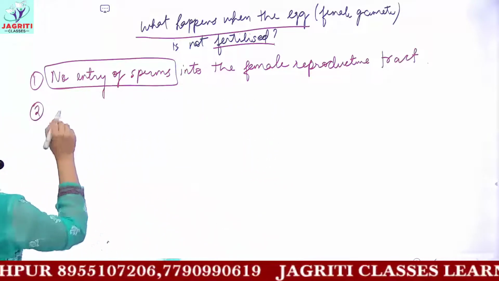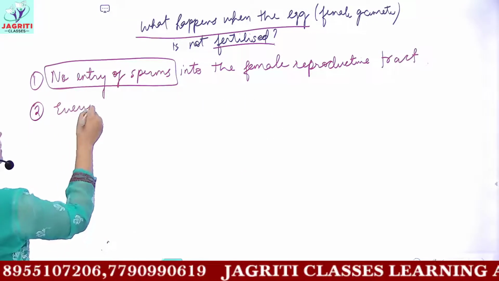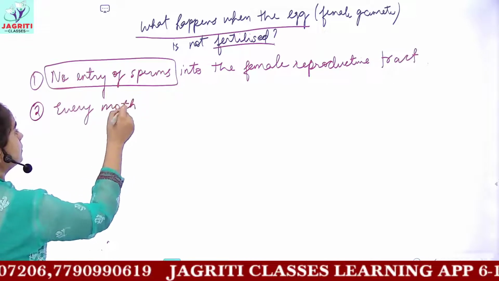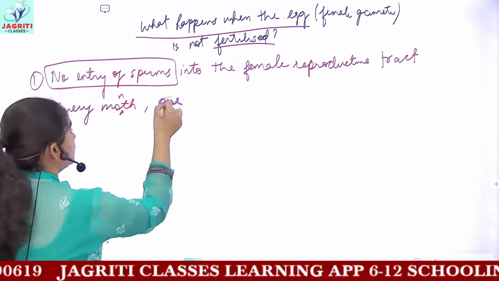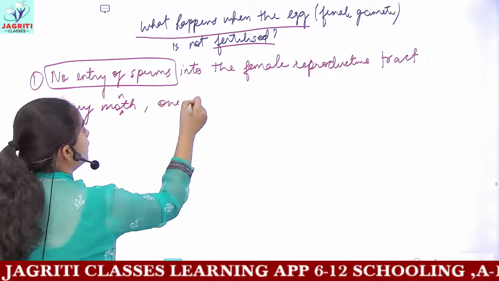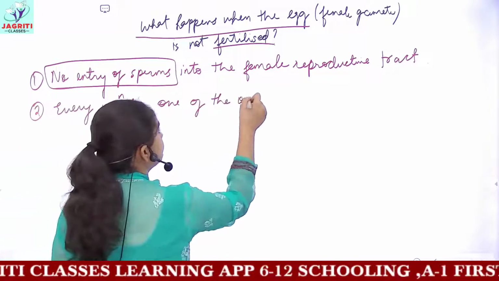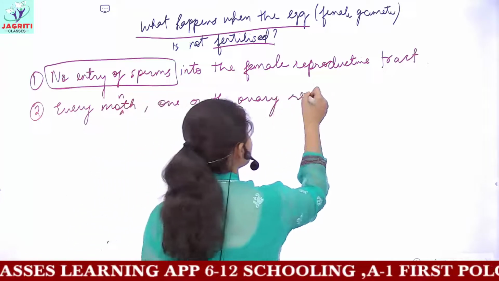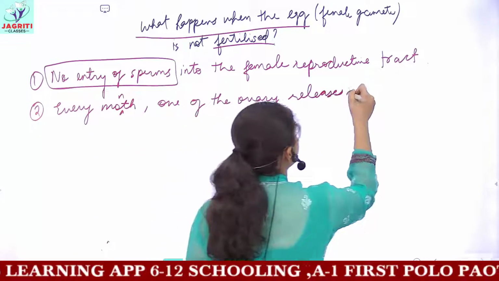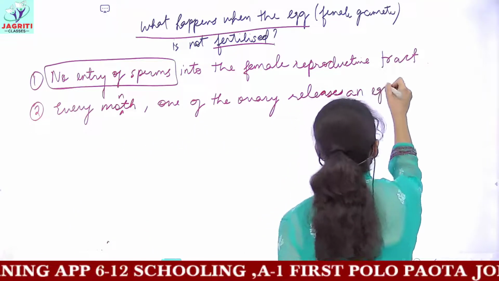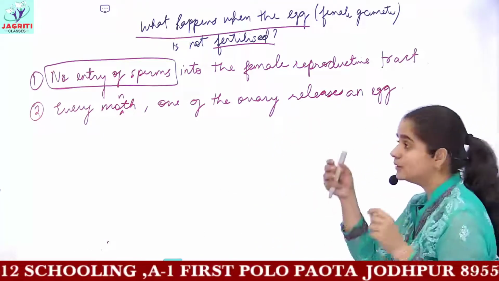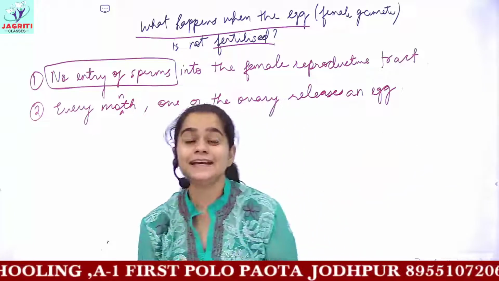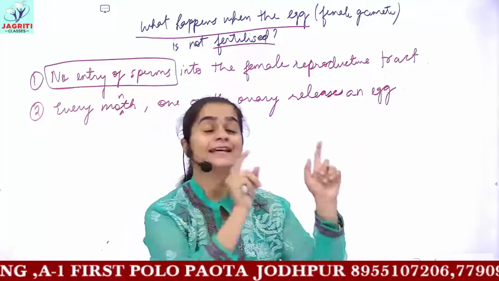But you have to remember that every month either of the ovary, that is one of the ovary, releases an egg. So every month one egg from either of the ovary gets matured and is being released out.